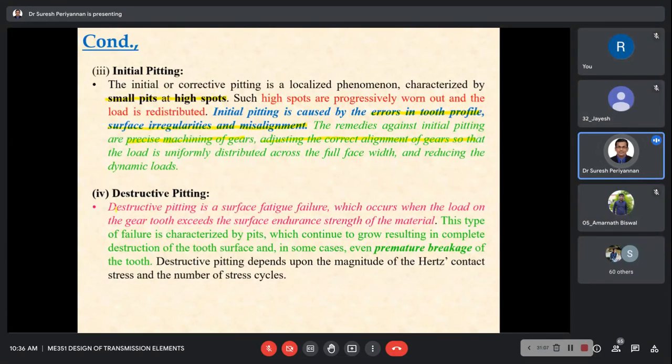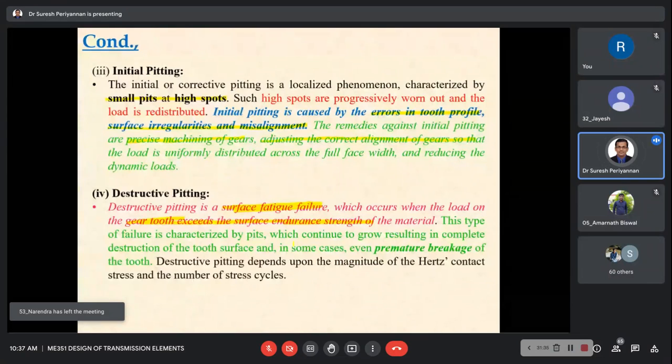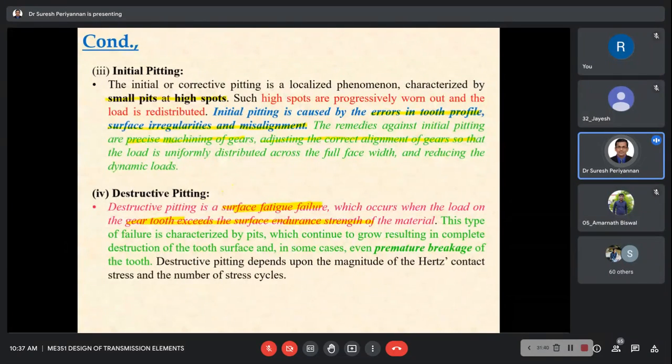Now, destructive pitting. Destructive pitting is a surface fatigue failure, which occurs when the load on the gear tooth exceeds the surface endurance limit. These are very simple, you can easily understand. When the load on the surface of the gear tooth exceeds the surface endurance limit, it creates the problem called destructive pitting.